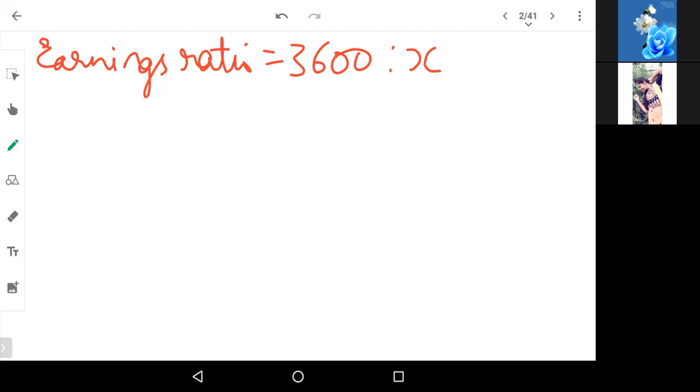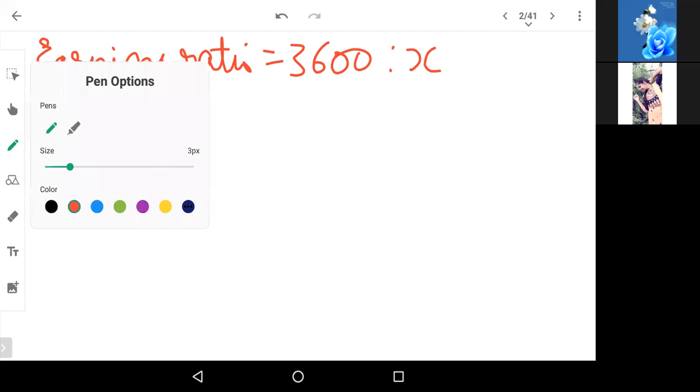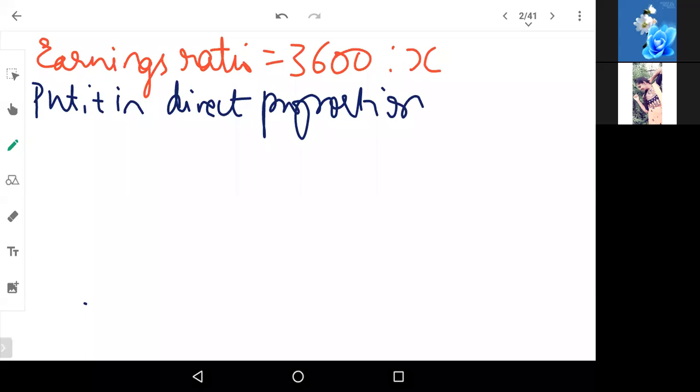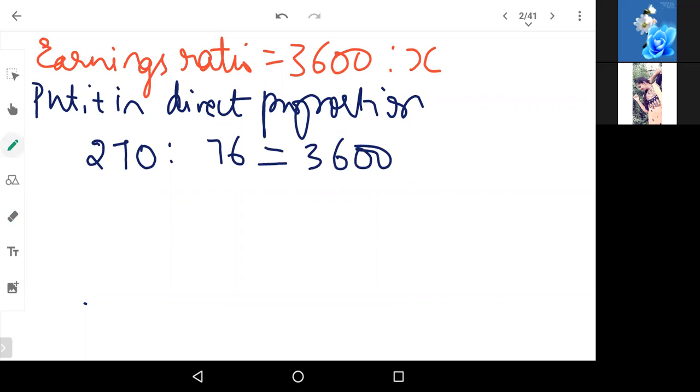Now we have two ratios. Now let us put them in direct proportion. 270 is to 576 is equal to 3,600 is to X. Now do the product of extremes and product of means and find out the value of X. Start solving.